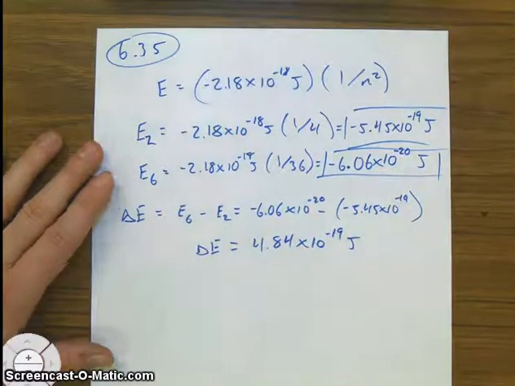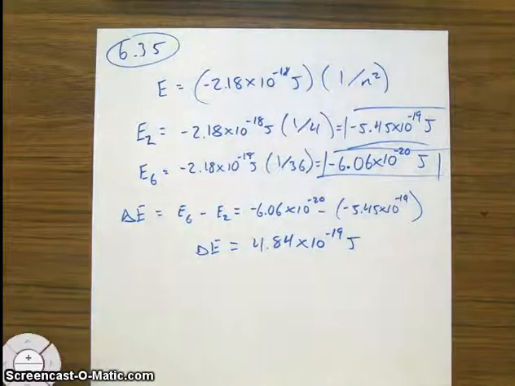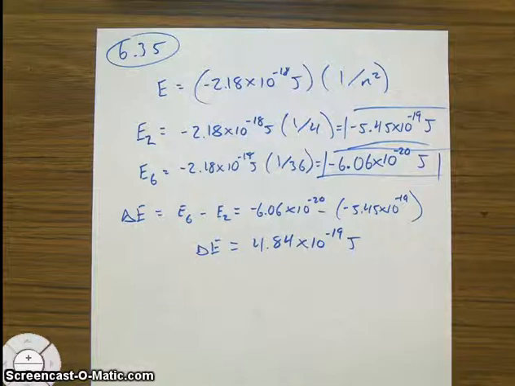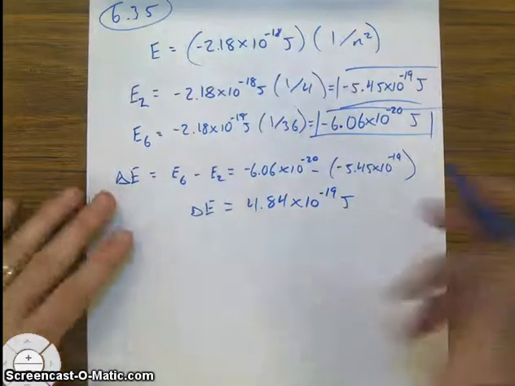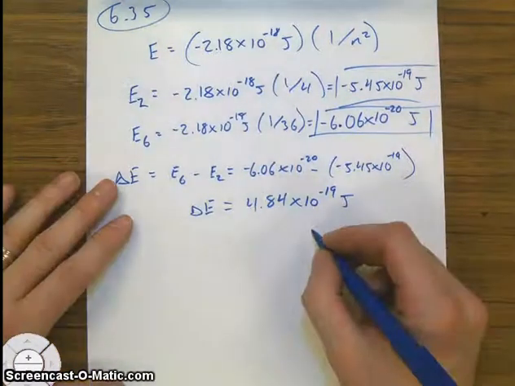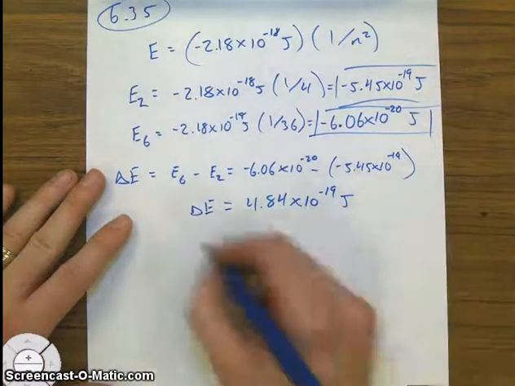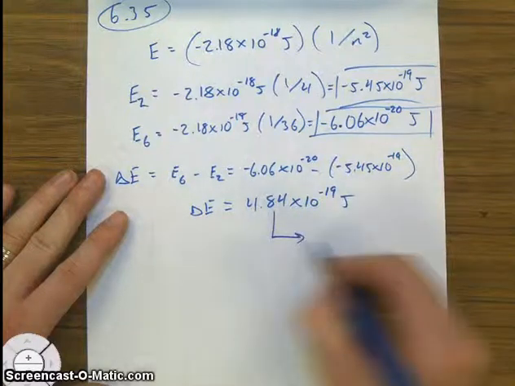So now the question, I believe, is asking whether this line is in the visible region of the electromagnetic spectrum. To figure out whether something's visible, we look at the electromagnetic spectrum in terms of wavelength. So we need to convert this into wavelength.